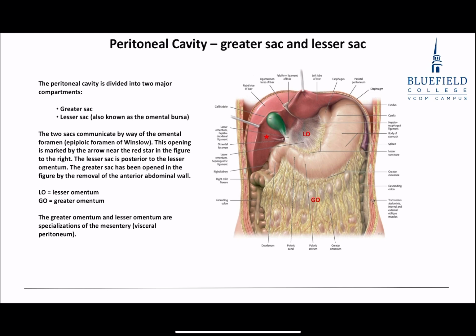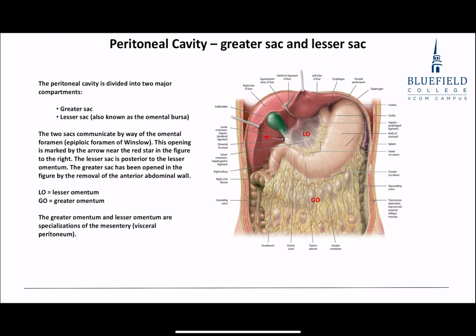Okay. The only way into the lesser sac is through that little opening, and it really is just big enough for your finger to go through, and then it expands a little bit. This will be not easy to imagine, but the floor of the lesser sac is going to be that transverse mesocolon.